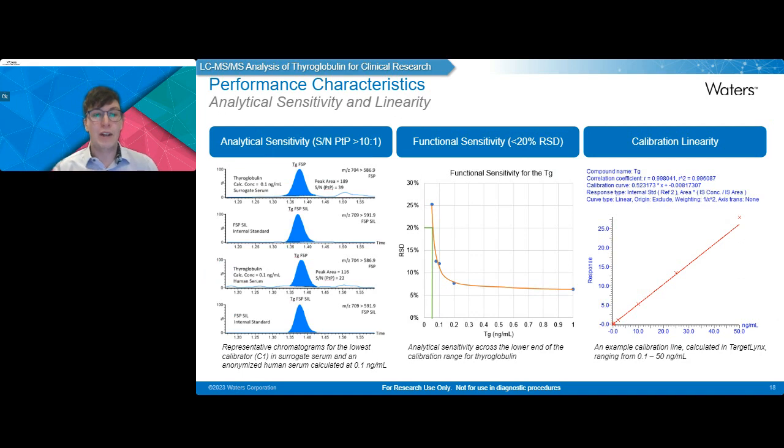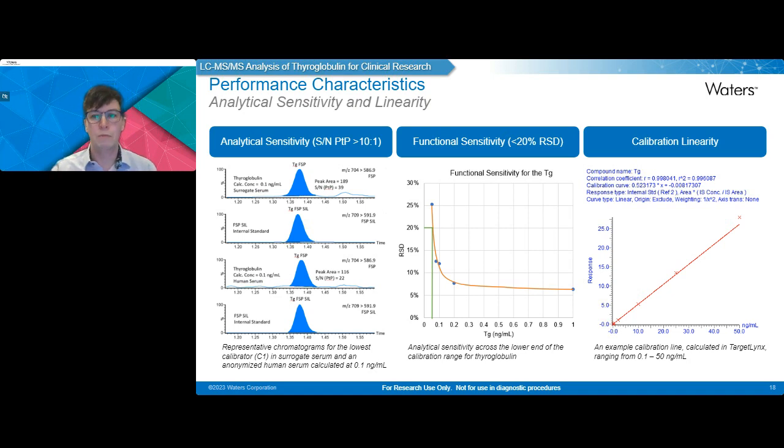Now looking at analytical sensitivity and linearity. On the left-hand side we have some chromatograms at the very low concentration of 0.1 nanograms per mil using a surrogate serum. Because getting hold of blank serum for this analysis is quite challenging, we used our chicken serum for calibration.